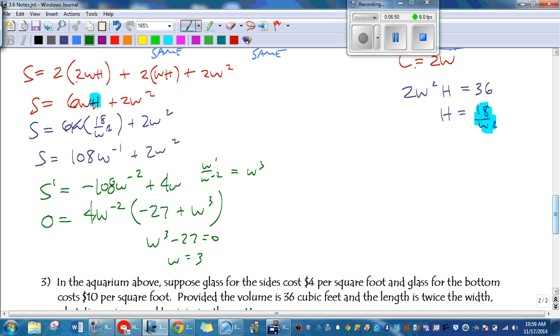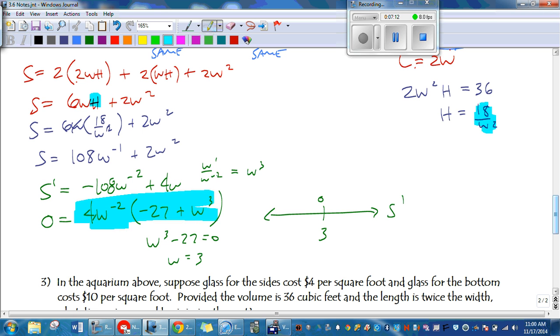Now, this one doesn't have endpoints like our first problem did, so we can test to make sure this is a minimum and not a maximum using our derivative number line. We know the derivative of our surface area is 0 when W is 3. Let's try a couple values on either side. So if we put negative 1 in to our derivative, so we're looking at this right here.